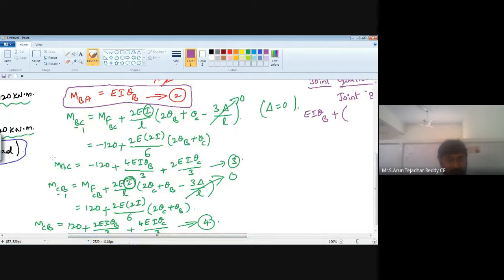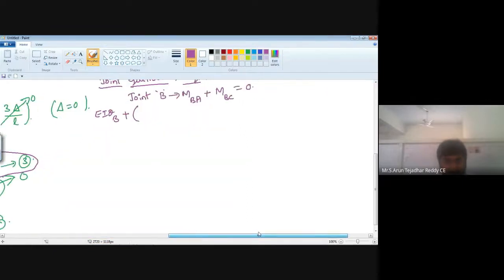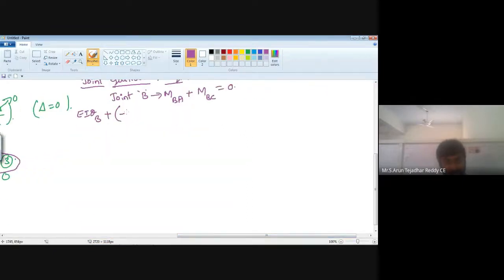This is our MBC value, equation number 3. Same value right here: minus 120 plus 4EI theta B by 3 plus 2EI theta C by 3 is equal to 0.